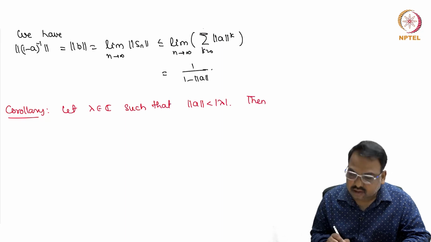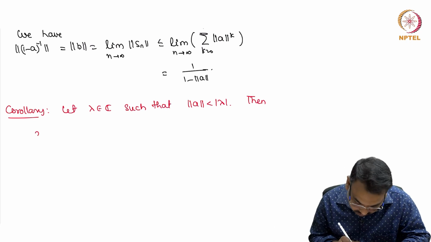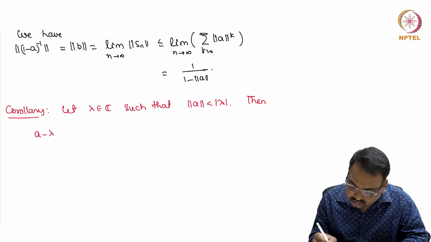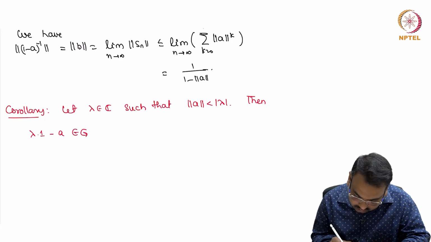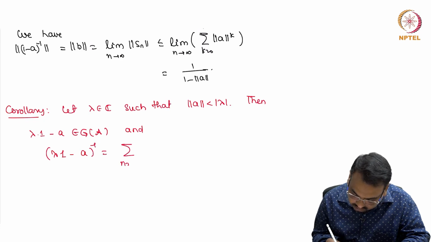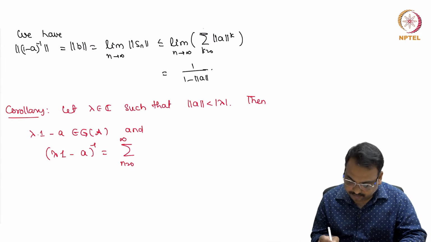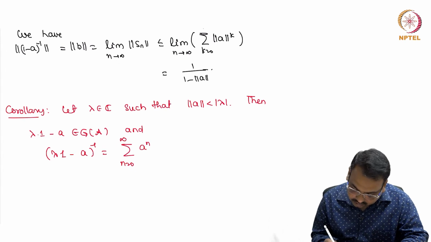Then we can say that lambda minus a, or we can say lambda into 1 minus a, is invertible, and lambda into (1 minus a) whole inverse can be written as summation n equal to 0 to infinity a power n by lambda power n plus 1.